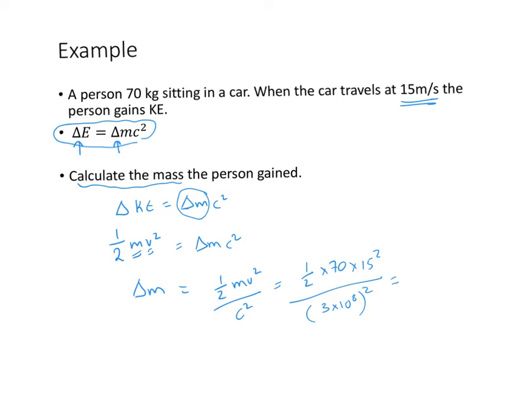you should get a very, very tiny value of about 8.8 times 10 to the minus 14. So that's roughly a value of 10 to the minus 13 kilograms. Now, a scale cannot read up to that precision. So you can see that for humans or big objects that are traveling at slower speeds, there is not much change.